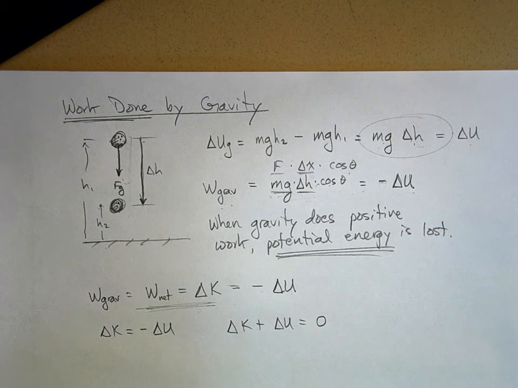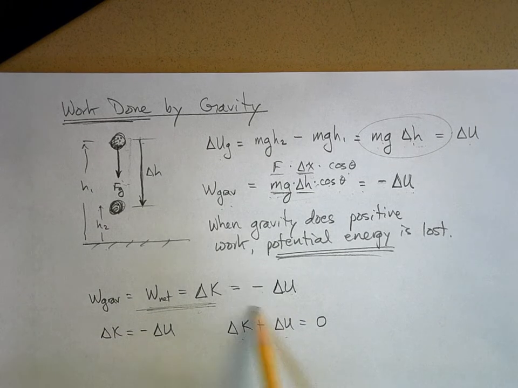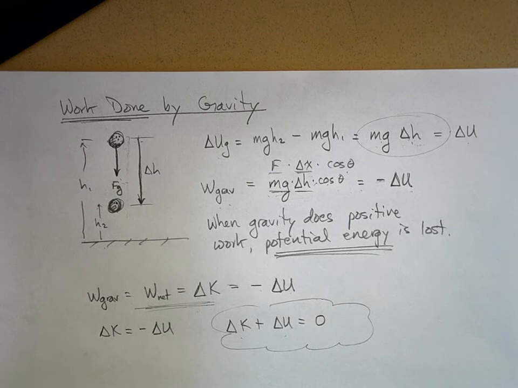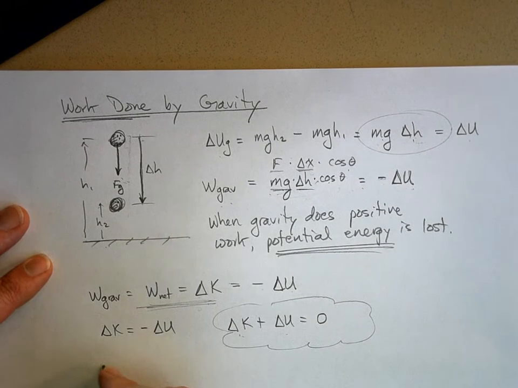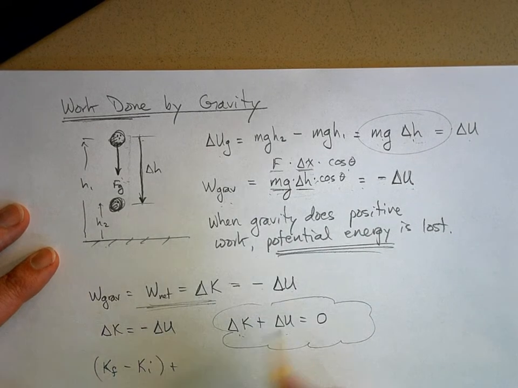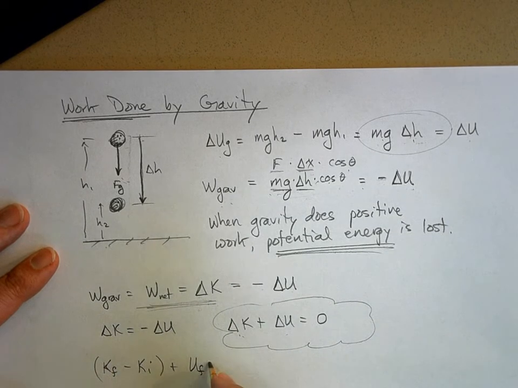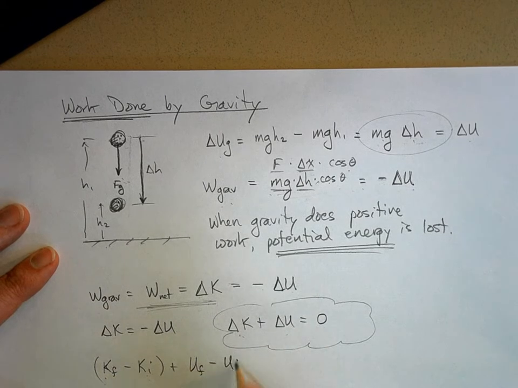Okay, this right here is super profound. Delta K, what is that? That's the final kinetic energy minus the initial kinetic energy. Plus delta U, that's the final potential energy minus the initial potential energy. Kinetic and potential. Equals 0.